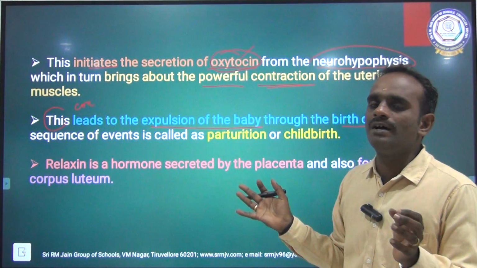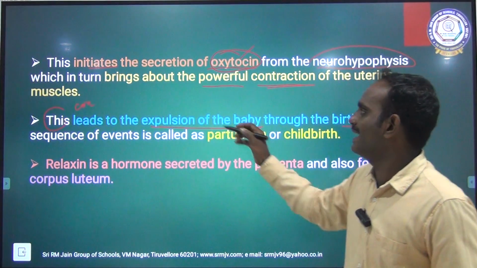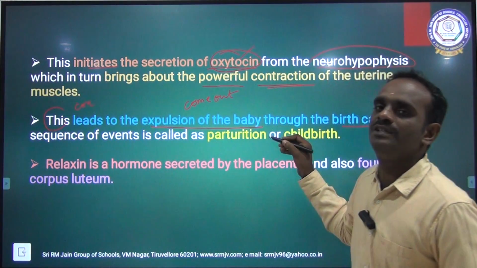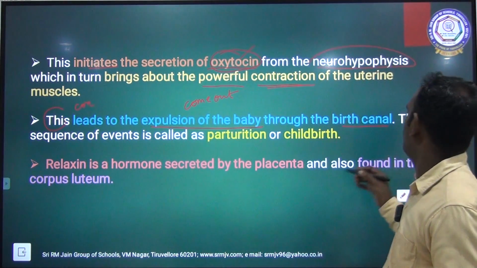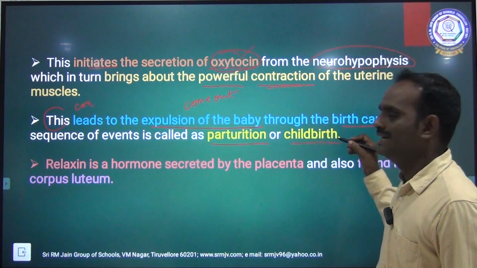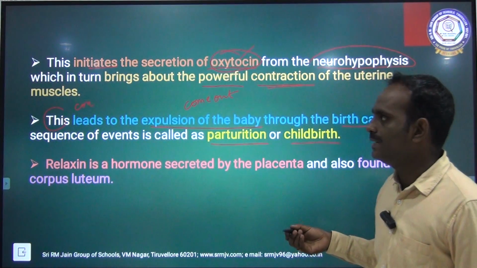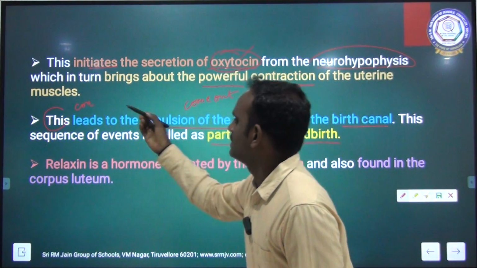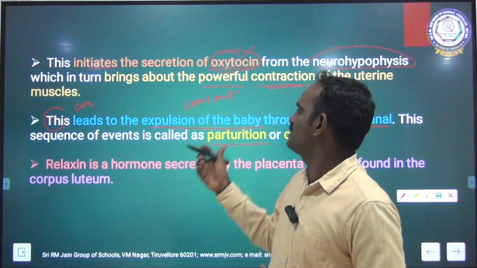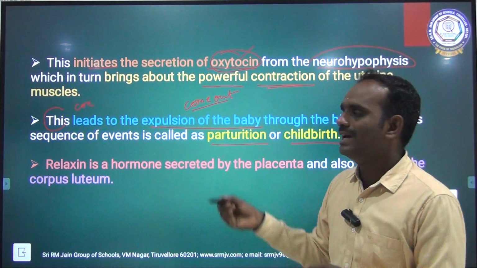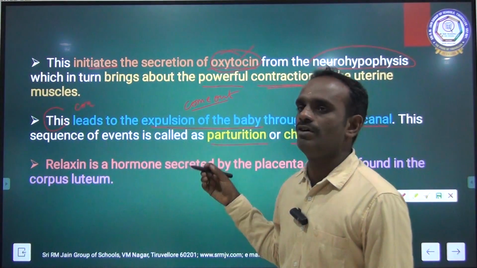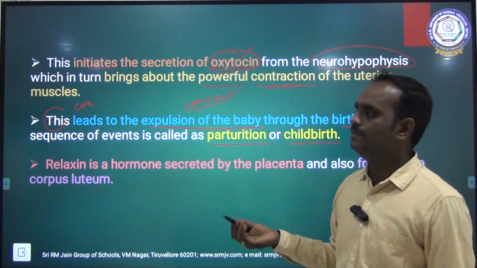Once again I am repeating: the powerful contraction of the uterus leads to expulsion, that is coming out, of the baby through the birth canal. This sequence of events is called parturition or childbirth.